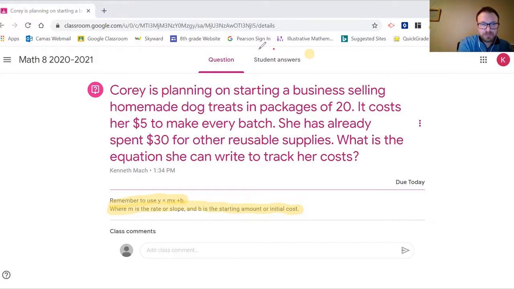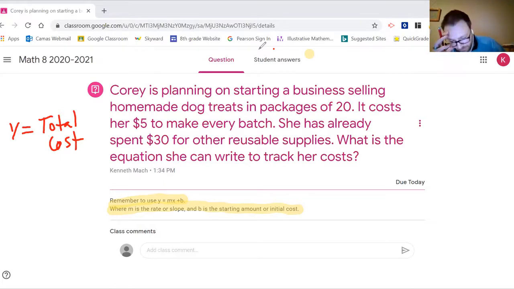That's y. Y is total cost. So I want you to think about, what does that total cost include? Just take a moment and think about, when I'm talking about how much Corey is spending, she's already spent $30. And then every batch she makes, she's spending $5.